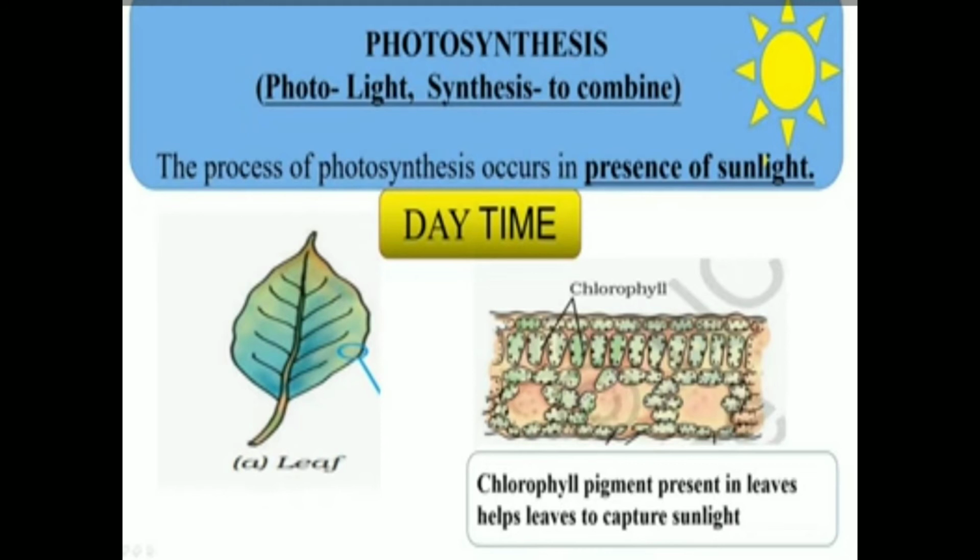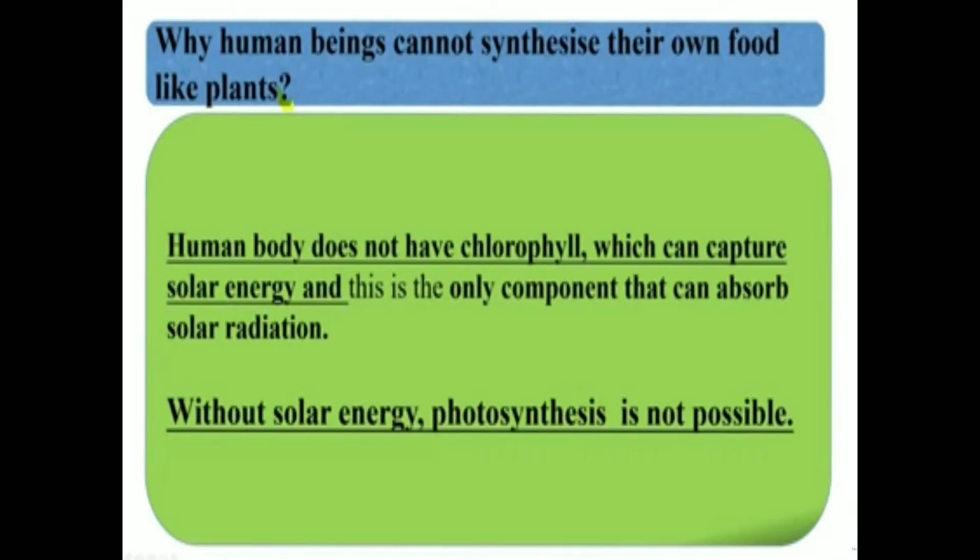This is the reason why human beings cannot synthesize their own food like plants, because the human body does not have chlorophyll which can capture solar energy, and this is the only component that can absorb solar radiation.